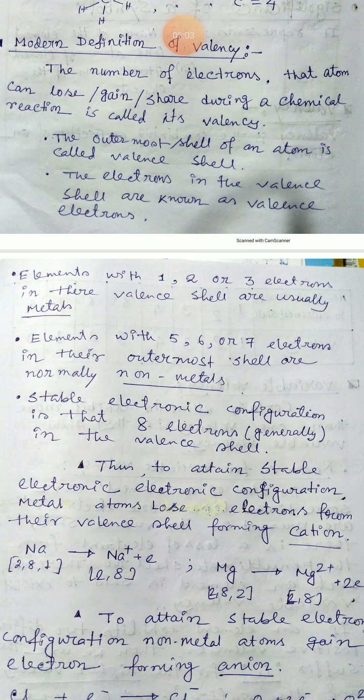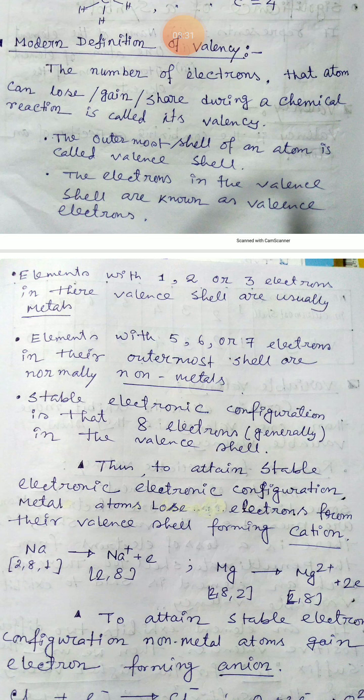That's why they easily release 1, 2, or 3 electrons to form cations. It is easier to donate or release 1, 2, or 3 electrons rather than to accept 5, 6, or 7 electrons.